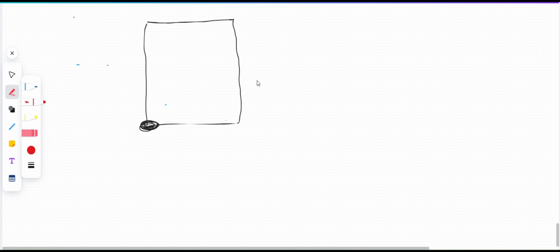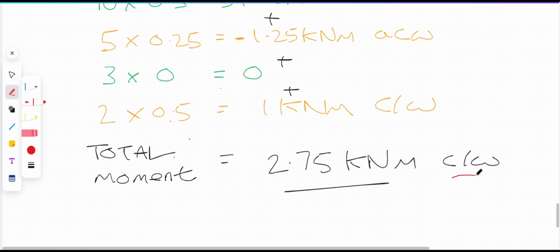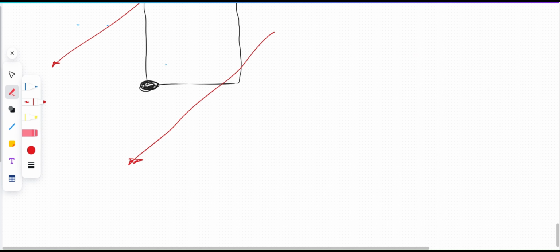So it's either going to be like that or like that, either side of it. But we know it's spinning clockwise because we worked it out, which means it's got to be this one here, isn't it? Because this way will make it spin clockwise. This way would make it spin anti-clockwise. So it's got to be this side of the pivot.